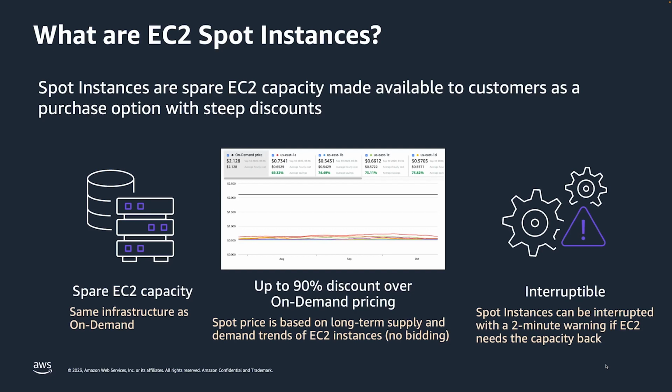Interruptions only happen when EC2 needs the capacity back for on-demand, no bidding. Finally, that is the only difference between on-demand and Spot instances. The word spare implies something, of course, which means that EC2 may need the capacity back.